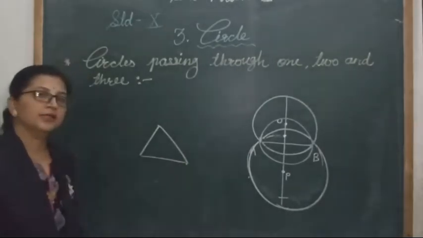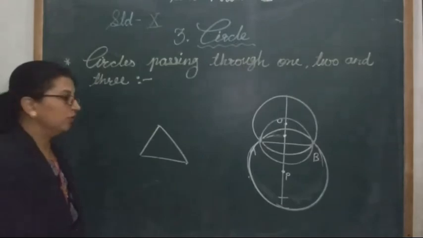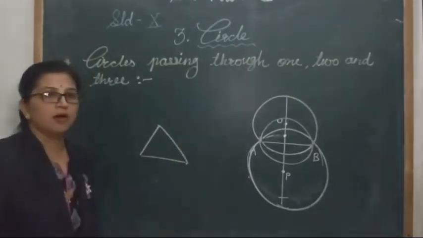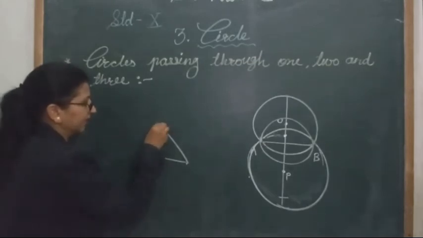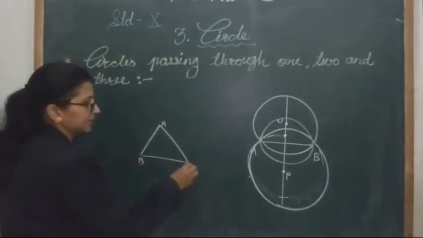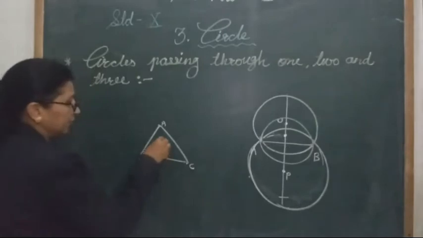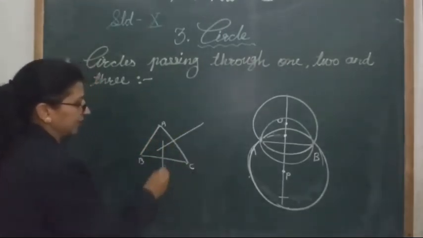In the 9th class, you studied how to draw the circumcircle of a triangle. To draw that, suppose we take the points A, B, C. Then to draw the circumcircle, you draw the perpendicular bisectors of any two sides.